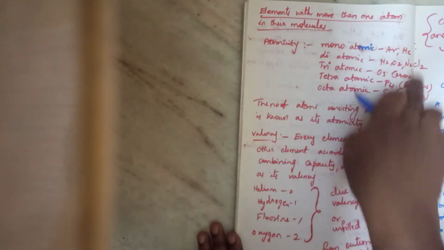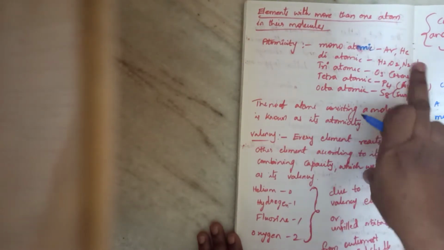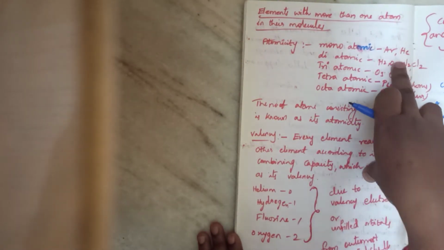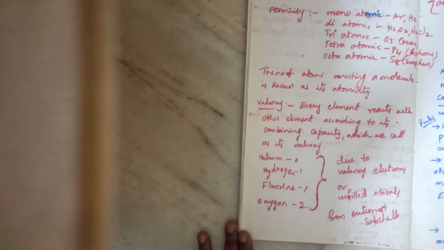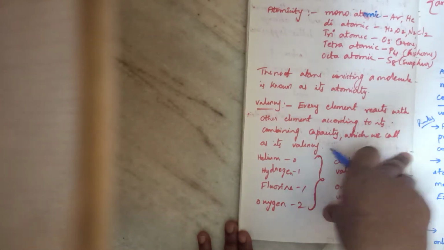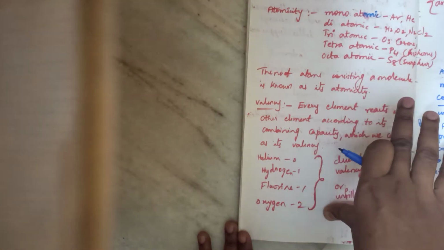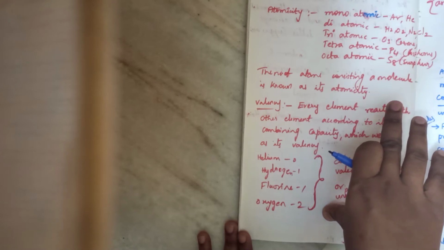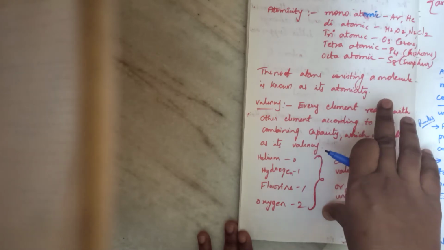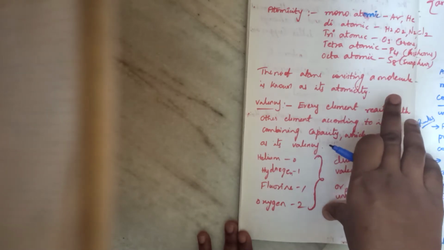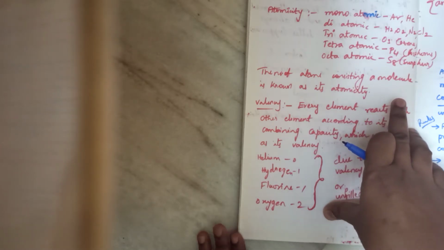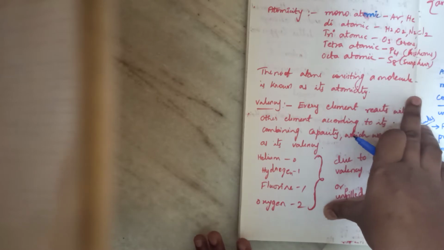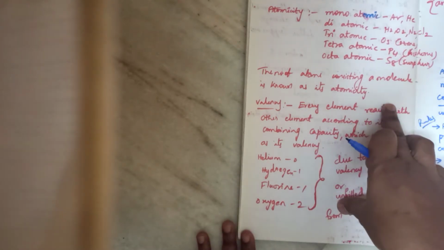That's why we have chemical formulas like this. The number of atoms constituting a molecule is known as its atomicity.